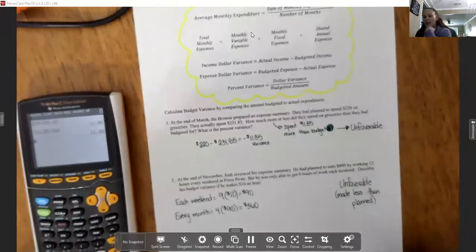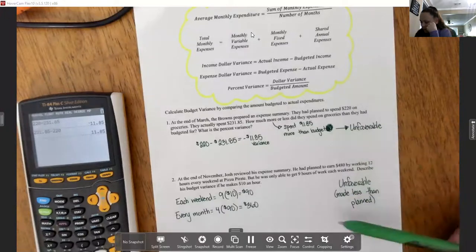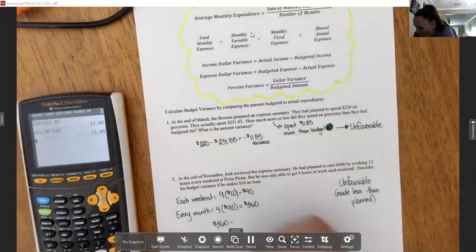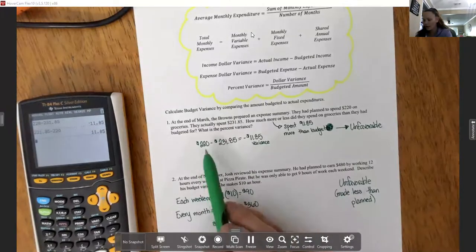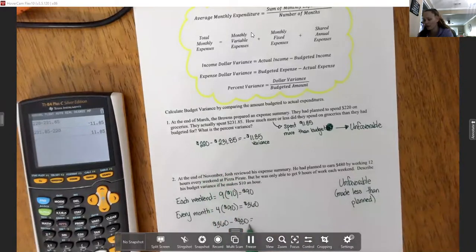So again, if you just think about the context of the problem, you should be able to decide if it's favorable or unfavorable. So here though, we're going to do it the other way around. We're going to do the actual amount minus the budgeted amount. So again, here we did budget minus actual. Here we're doing actual minus budget.